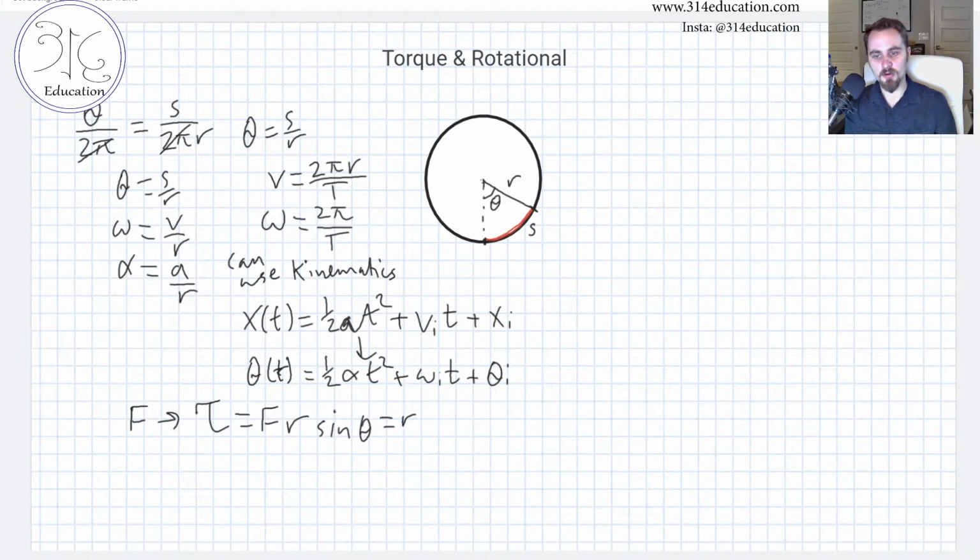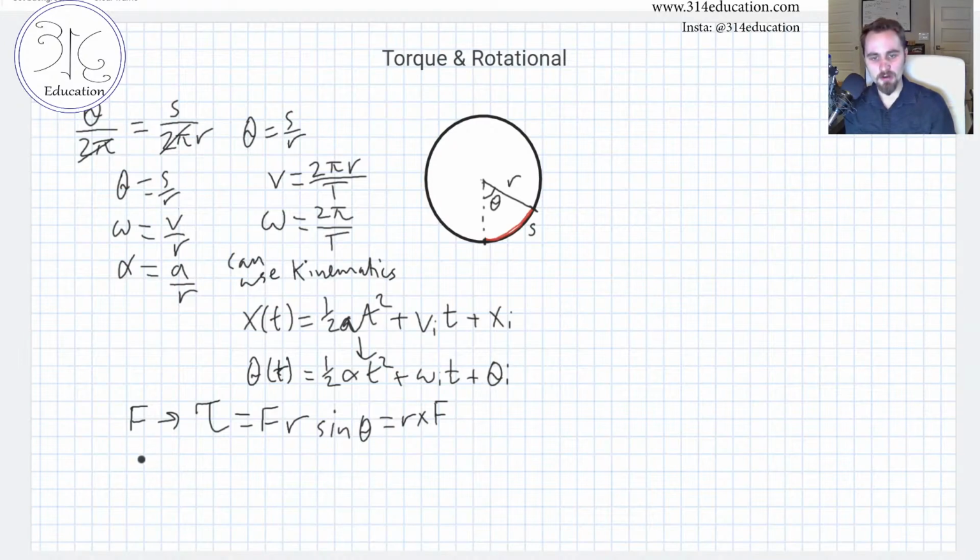Now, some of you might know this as the cross product, but that basically just tells us we multiply the magnitudes and then expect them to be perpendicular. And so that's what this sine of theta does. So if these are perpendicular, we get sine of 90 degrees, which is 1, which is our maximum torque. But if they're parallel, we get sine of 0 degrees, which is 0, which induces no torque.